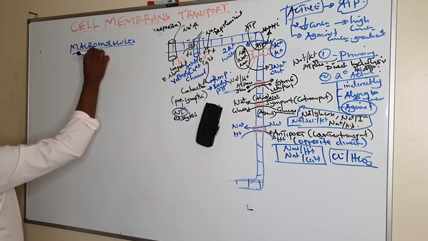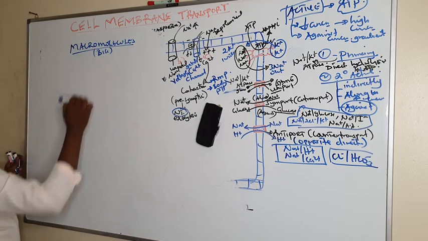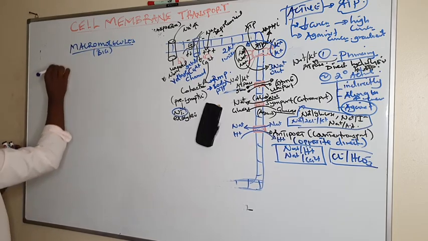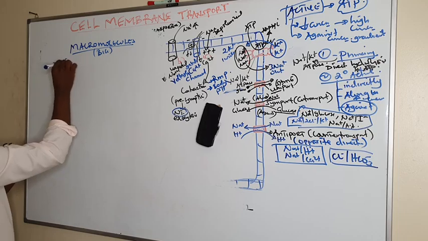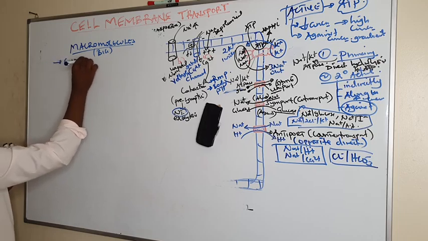These macromolecules are big molecules, and we said they can enter either by endocytosis.